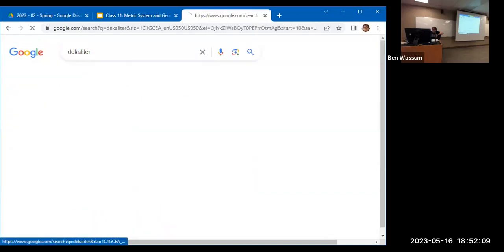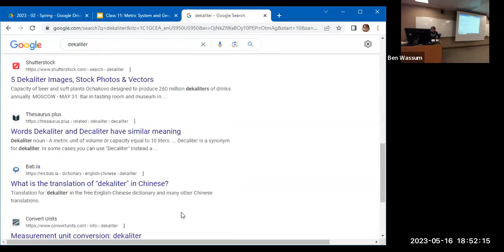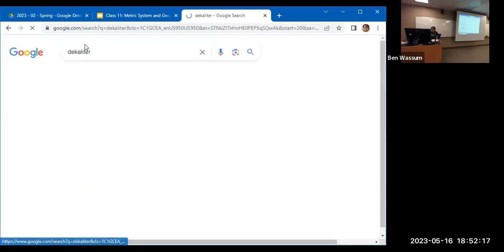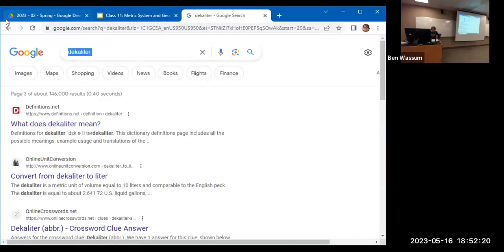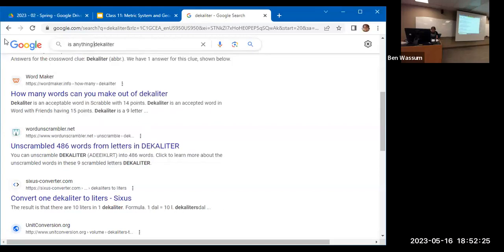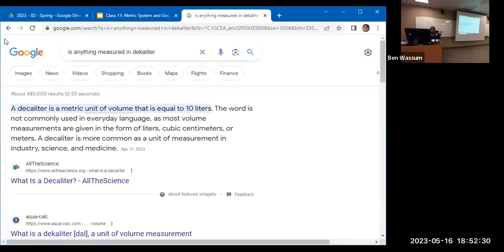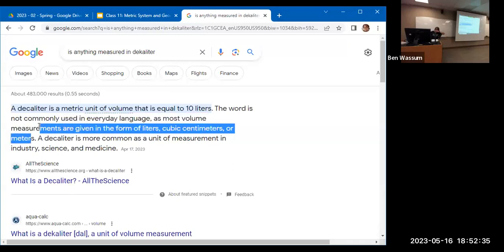Okay, there's a lot of definitions. There's a ton of definitions. Okay, so there is no such thing as a volume given in meters. I'm just gonna immediately disagree with this statement on allthescience.org.